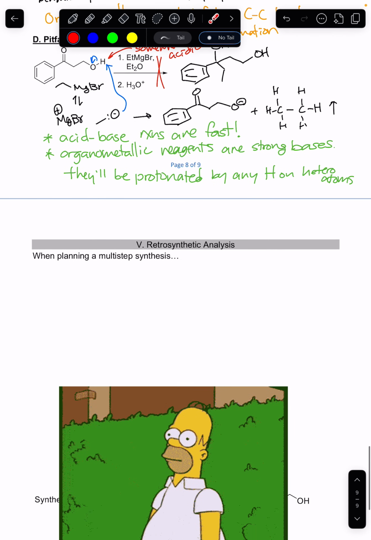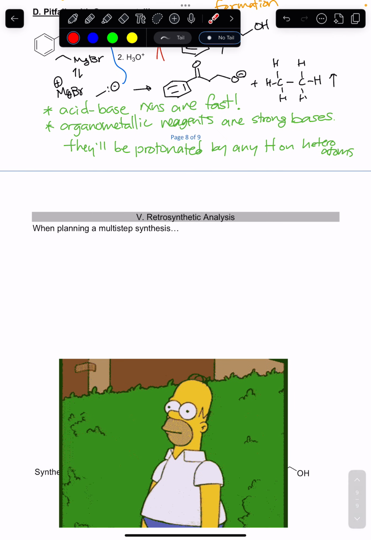Okay, so now let's think about designing syntheses, how to make molecules, especially complex molecules. We're planning a multi-step synthesis. Complex molecules would probably take many steps to make. So how do you do multi-step synthesis planning? To do this well, we should take an approach called retrosynthetic analysis.